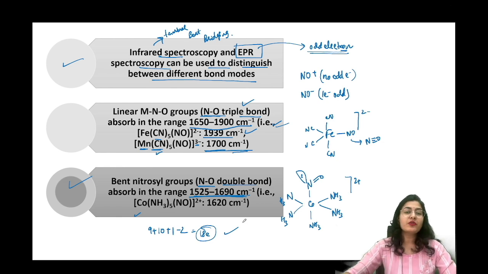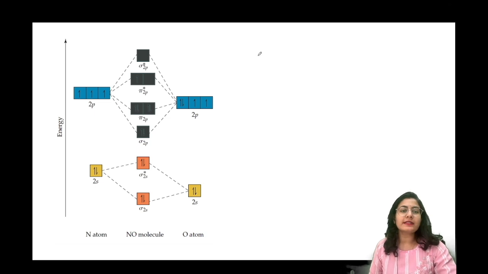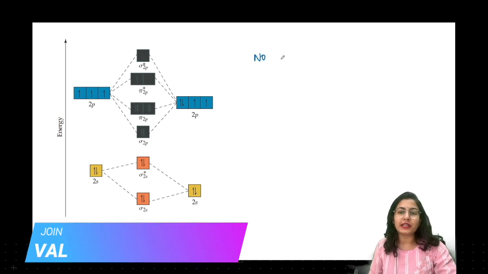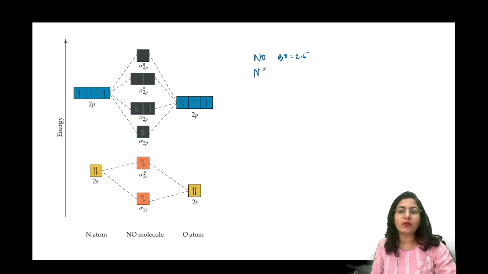Alright, so these are the most important things about the nitrosyl. So let's also understand why the nitrosyl is having a bond order of 2.5 and why NO plus has a bond order of 3.0. So let's see guys, nitrogen has how many electrons? 5 electrons, and oxygen has 6 electrons.